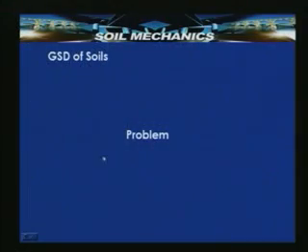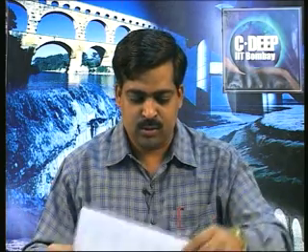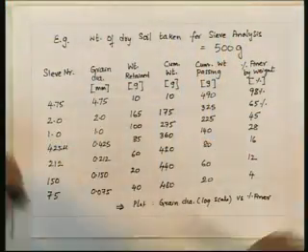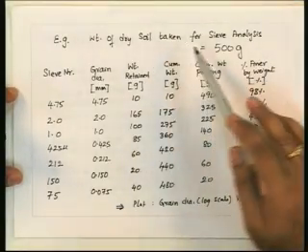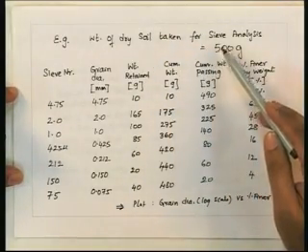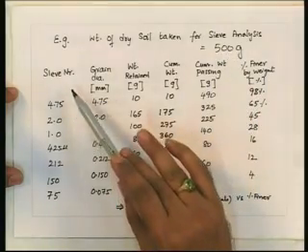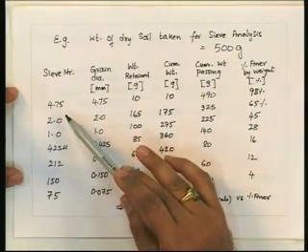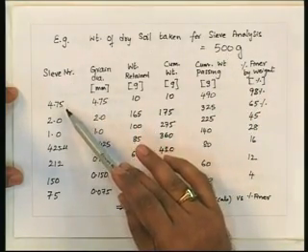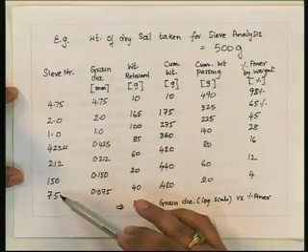Let us now look at a problem in terms of GSD of soils. In the previous class we introduced a problem wherein we took a weight of dry soil for the sieve analysis as 500 grams, and it was sieved through different sieves of sizes from 4.75 mm to 75 micron.